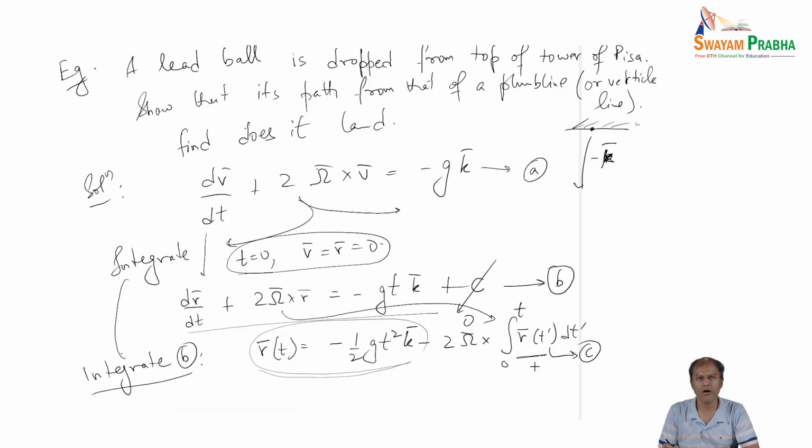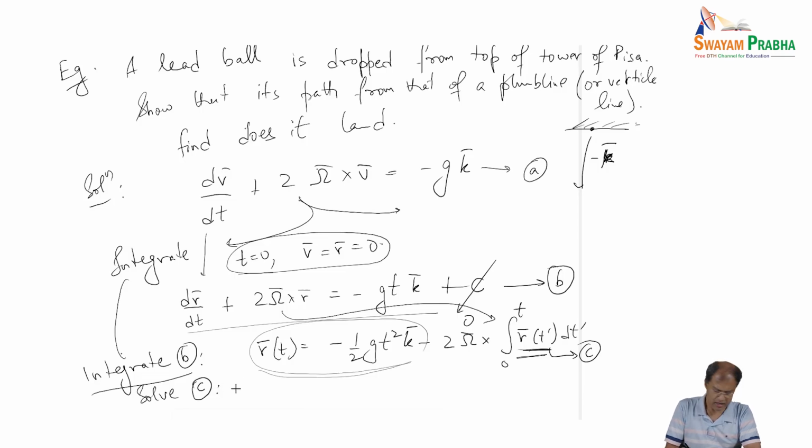The question is how to finally evaluate c and remove the integral. We can remove this integral in c by using a perturbative technique. Inside the integral we can use a leading order approximation of the position and integrate out this integral and find the eventual answer.